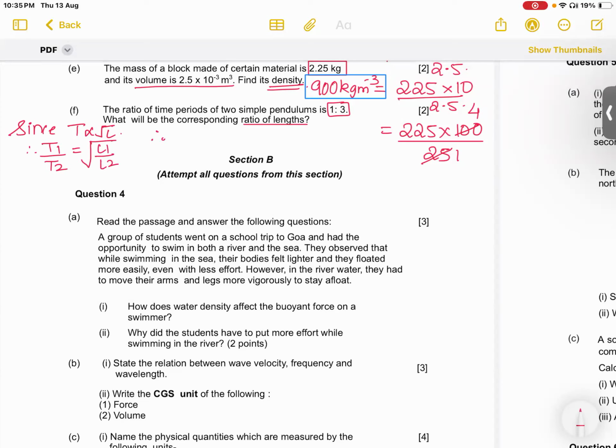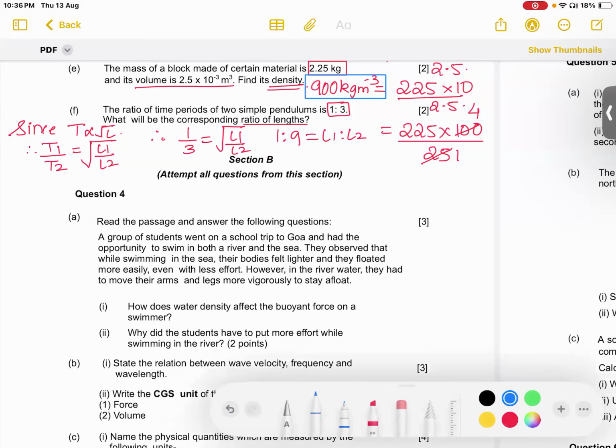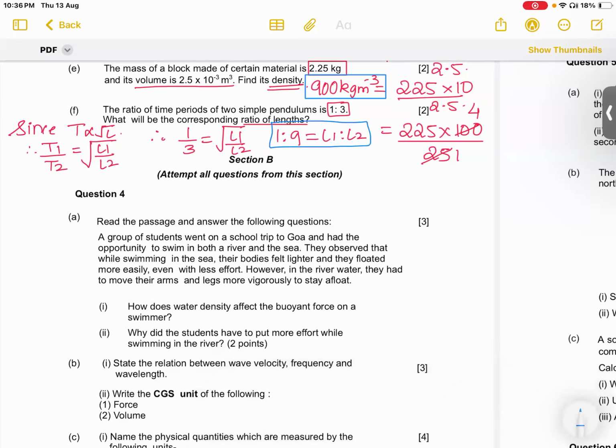T1 upon T2 is given to me as 1 upon 3, equal to square root of L1 upon L2. I will remove the square root by taking the square. So I get 1 is to 9 is equal to L1 is to L2. This is my answer. I hope we all are getting it. Simple, easy.